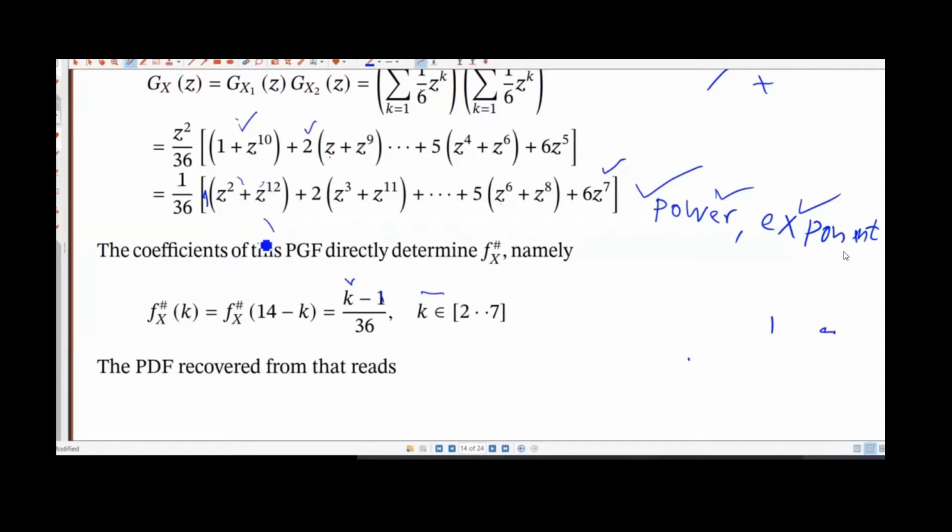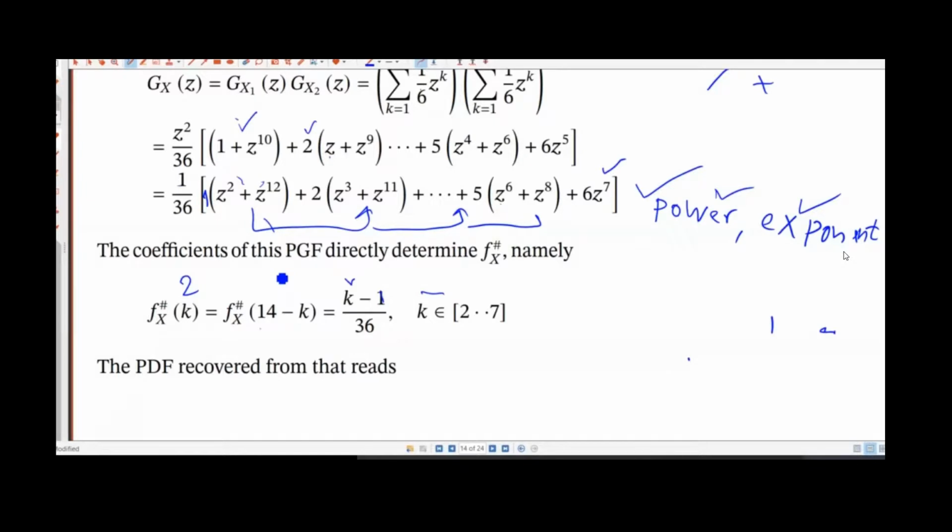Add the two. What is 2 plus 12? 14. What is 3 plus 7? And what is 6 plus 8? They all add up to the same number, and that is, और ये तो निकल गया ना, क्योंकि ये तो 7 के साथ आ गया। So which means that the PDF at k is the same as the PDF at 14 minus k. इसको आप वेरीफाई कर सकते हैं। k जब 2 होगा तो f of 2 will be the same as f of 12.